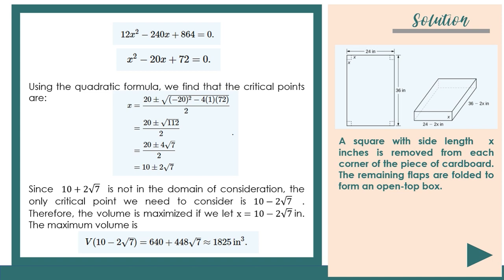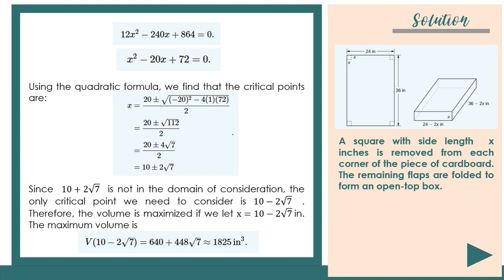If you perform the quadratic formula, you will arrive at the answer, which is 10 plus or minus 2 square root of 7. Since we have two possible values, we have 10 plus 2 square root of 7 or 10 minus 2 square root of 7.